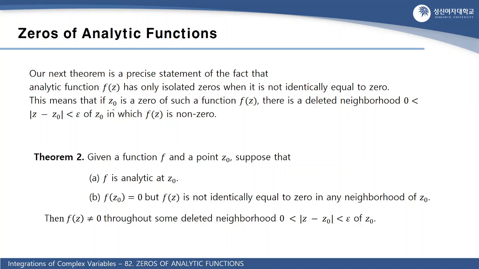This means that if z₀ is a zero of such a function f(z), there is a deleted neighborhood 0 < |z - z₀| < ε in which f(z) is non-zero.